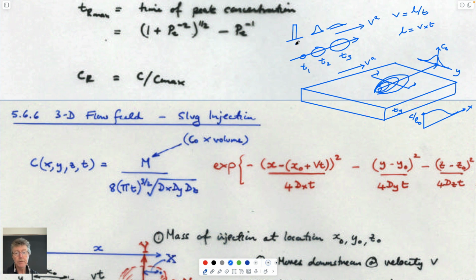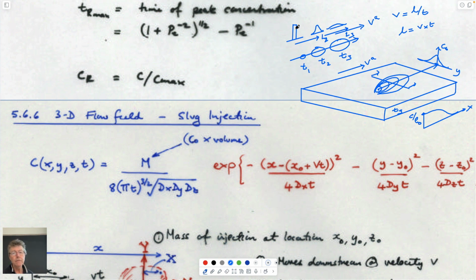And so this would just be the velocity times time would take it this far, L1, and the velocity times time would take it L2 and L3.